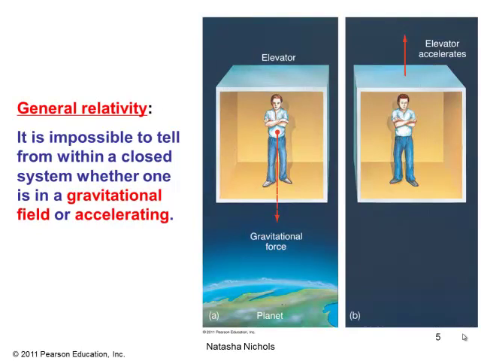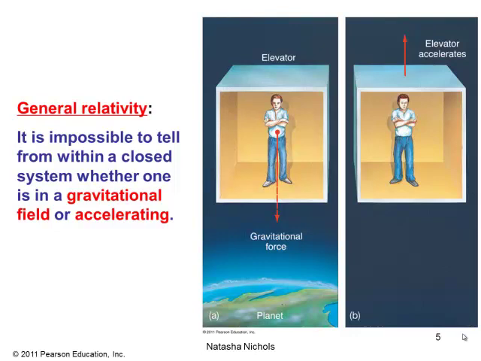In terms of general relativity, it is important to understand that it is impossible to tell from within a closed system whether someone is in a gravitational field or accelerating. And I'm going to try to explain that using Einstein's famous elevator example.